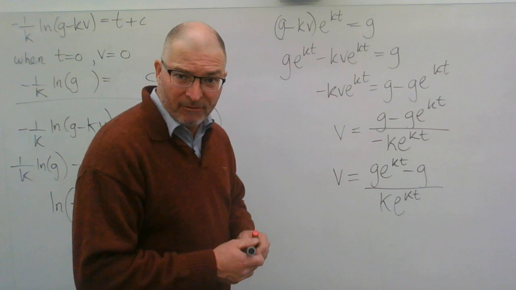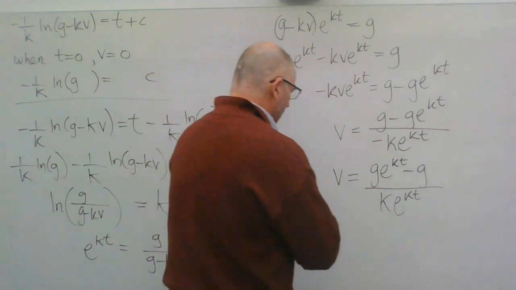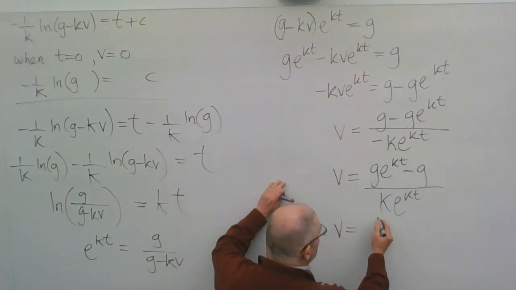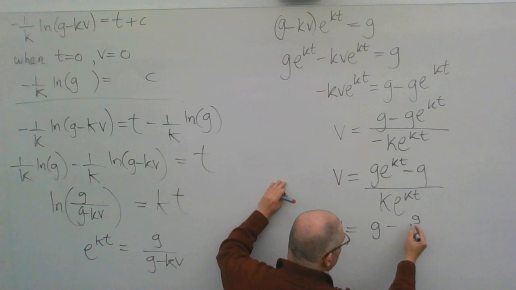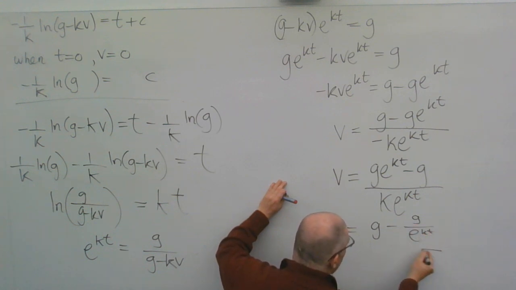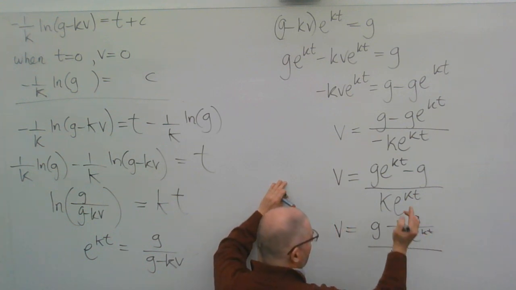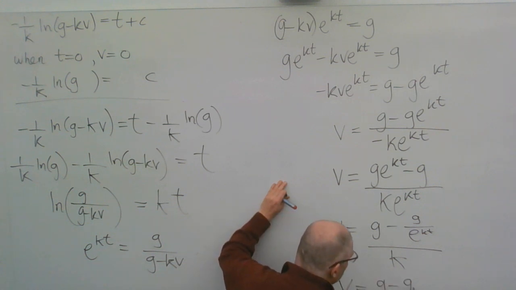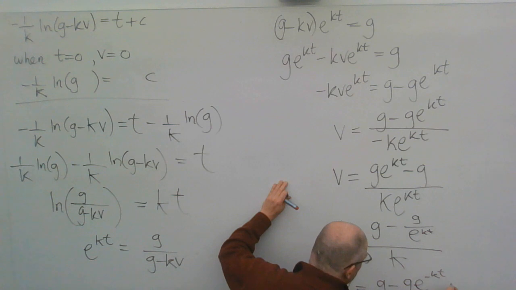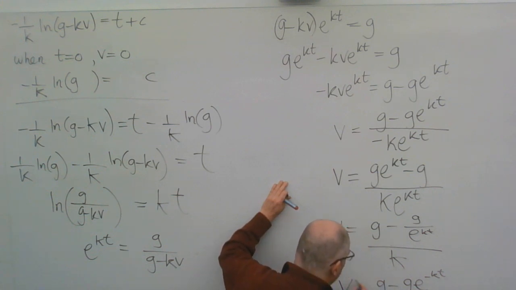So I'm going to divide everything by e to the kt. v equals g. So e to the kt divided by e to the kt is just 1, minus g on e to the kt on k, and that'll be just 1. So v equals g minus g e to the minus kt on k.